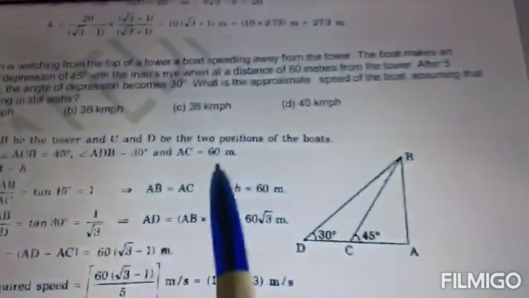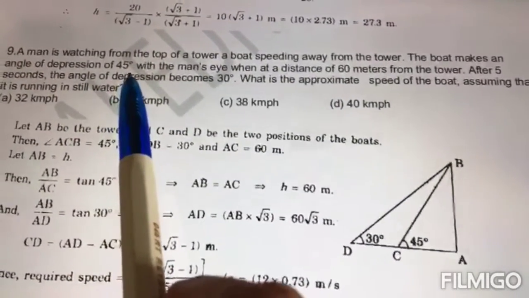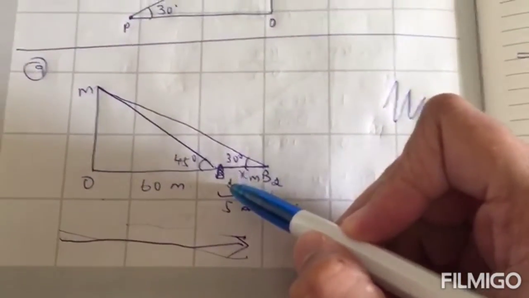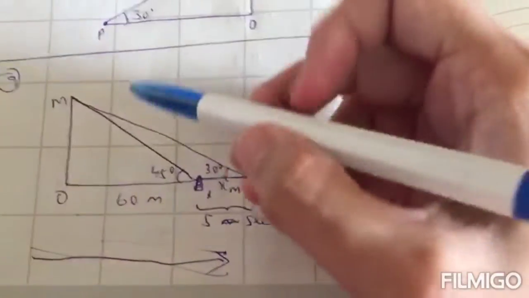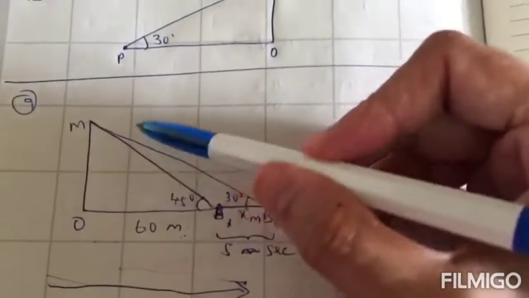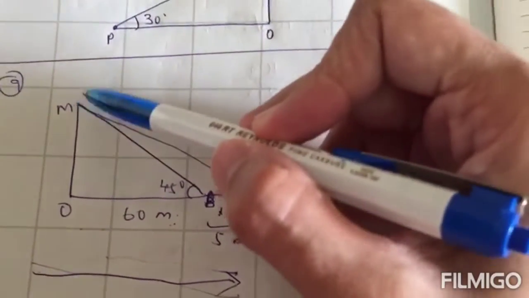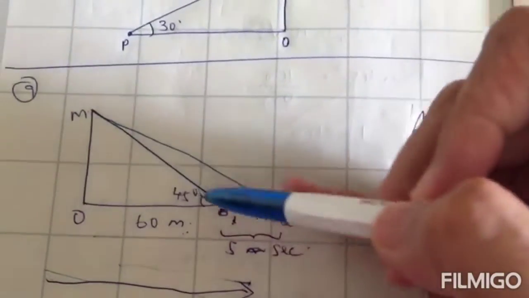The boat makes an angle of depression of 45 degrees with the man's eye at a distance of 60 meters from the tower. So let this be the point where the boat is, B1, and this is 60 meters away from the tower. When they say angle of depression, it is a hint that somebody is looking from the top of a tower or a hill, looking down.